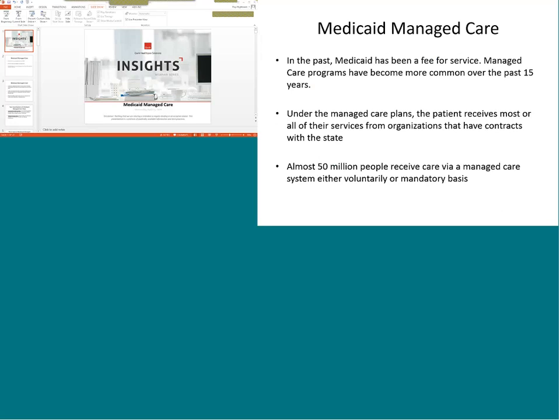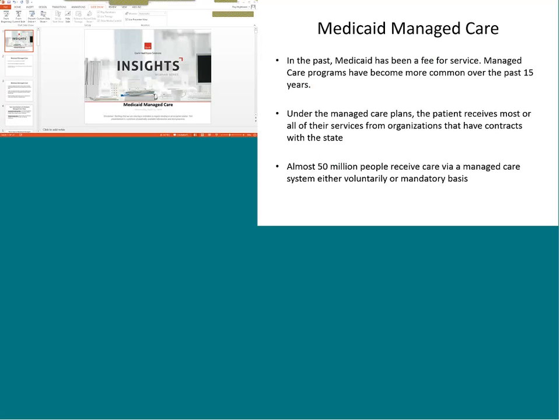Traditional Medicaid plans have just been fee-for-service, but the managed care plans have definitely increased over the past 15 years because of increased costs in care and an increase in chronic diseases.